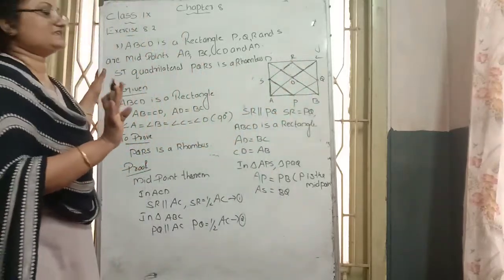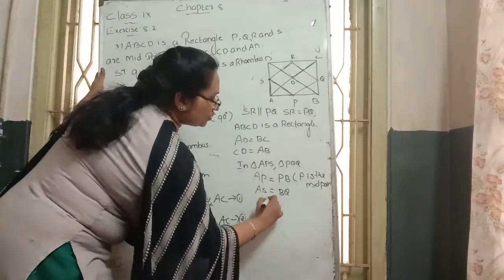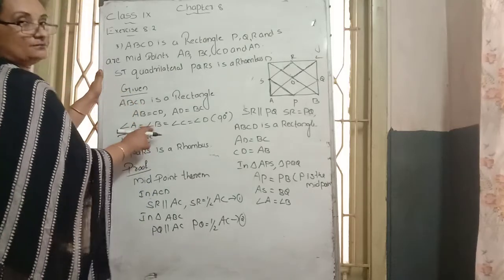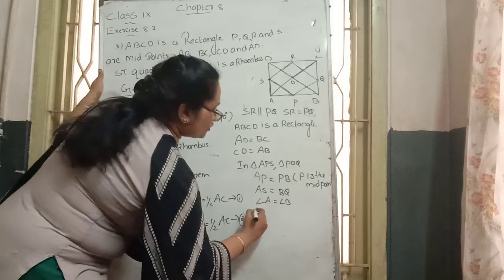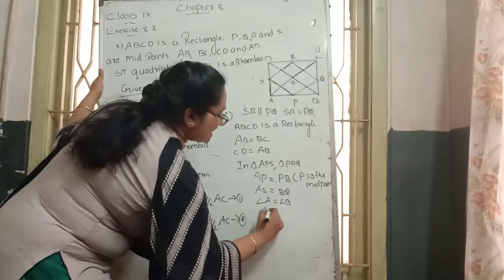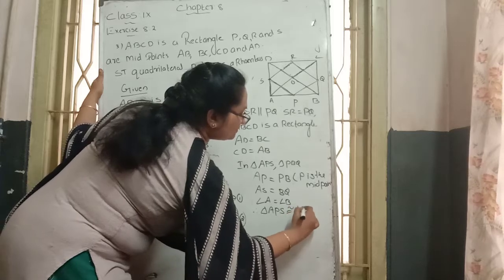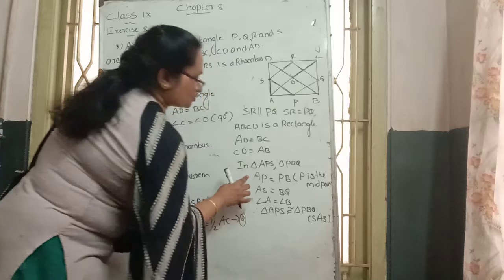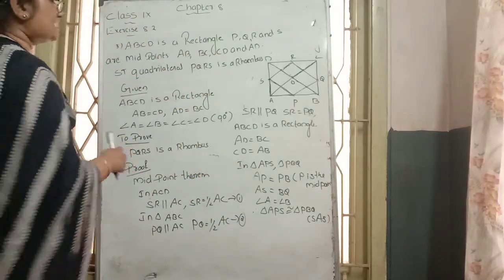Next, angle A and angle B are equal, since it is a rectangle. Therefore triangle APS is congruent to triangle PBQ by the SAS property: two sides and one included angle.